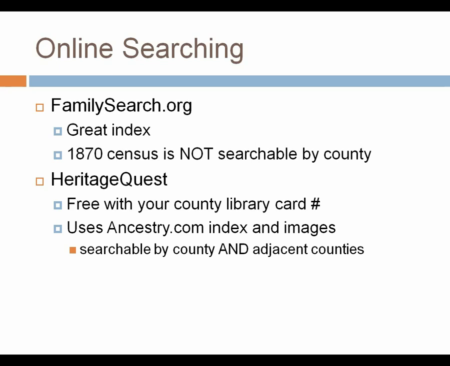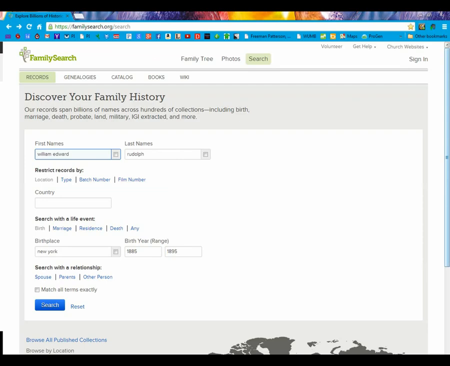And sometimes the indexers are hard put to figure out what is written in a census record. And so you may find that a family is indexed differently on FamilySearch.org from the way they were indexed in Heritage Quest and Ancestry.